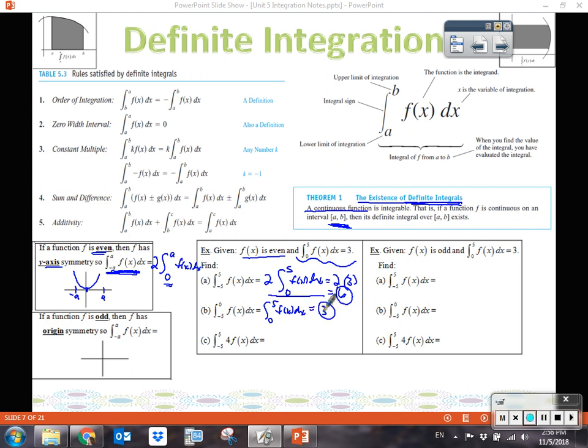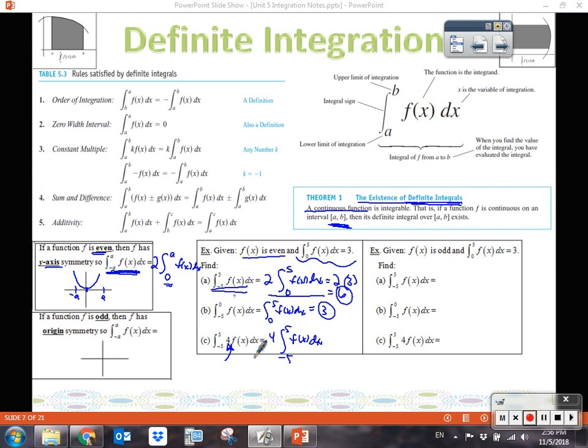Okay, and our last one, we have this fun rule. Let's take that constant and pull it outside. So it's 4 times the integral from negative 5 to 5 of f of x dx. We just did that one up here.